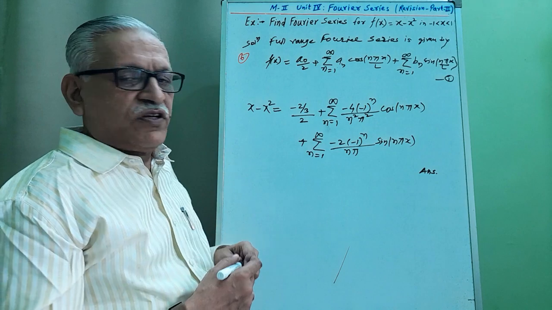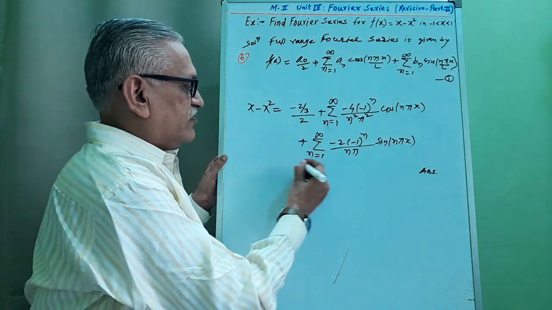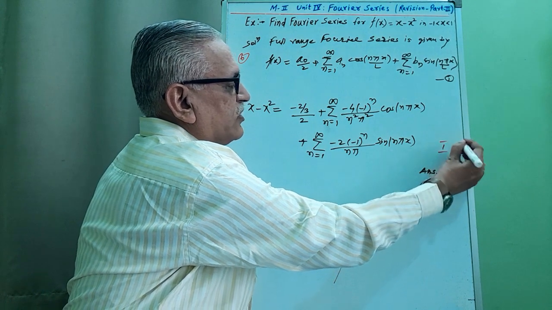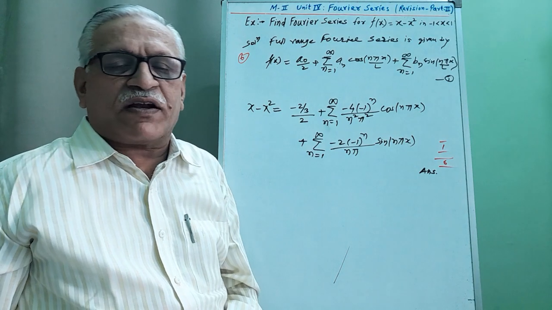This is the required Fourier series, and for getting this last step correct, you will get 1 mark, total 6 marks. That is this scheme of marking.